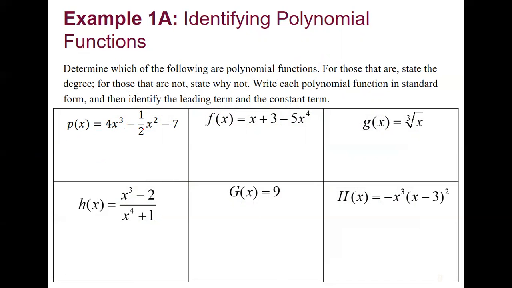To be more specific, it's a trinomial. Why? There are 3 terms. And what's the degree of this trinomial? It's 3rd degree. And what is my leading coefficient? 4. And then this guy is my constant.